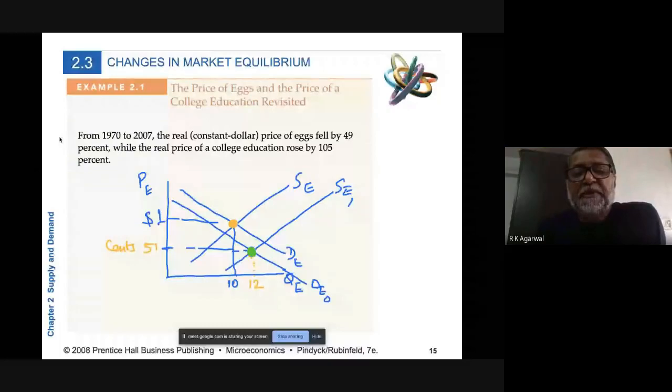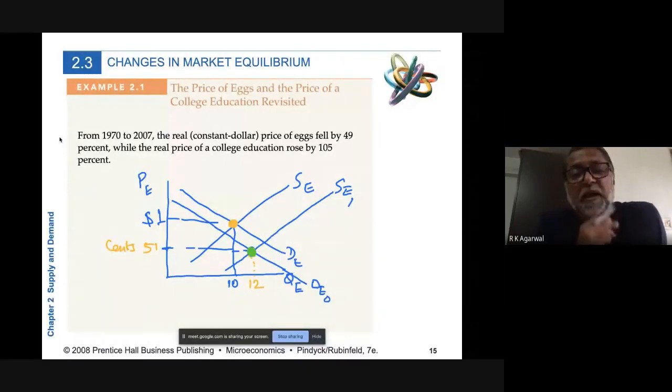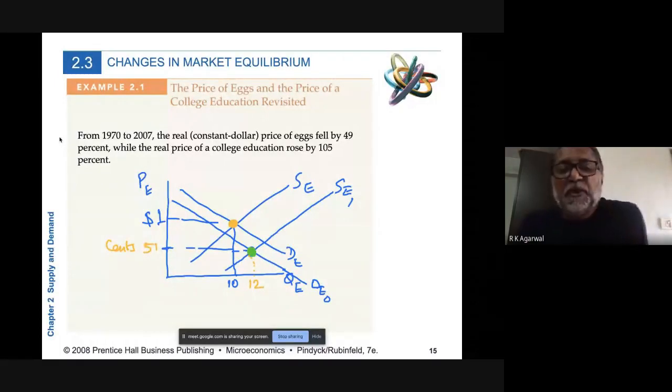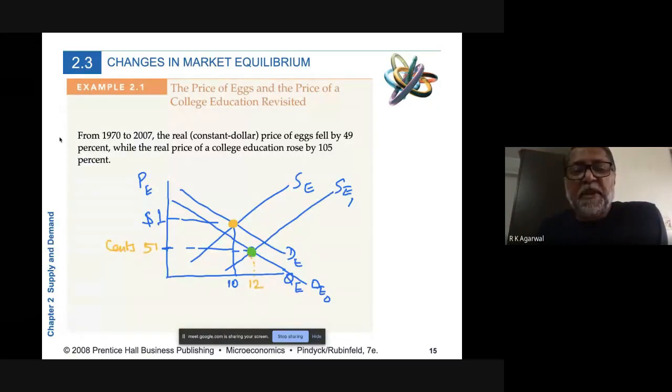The supply has gone up manyfold over the last 37 years. What could have led to this surge in supply is another thing to study. But this is what must have happened on the basis of the demand-supply framework. Supply must have gone up manyfold, and demand, on the other hand, must have shifted to its left. Otherwise, the prices wouldn't have fallen.